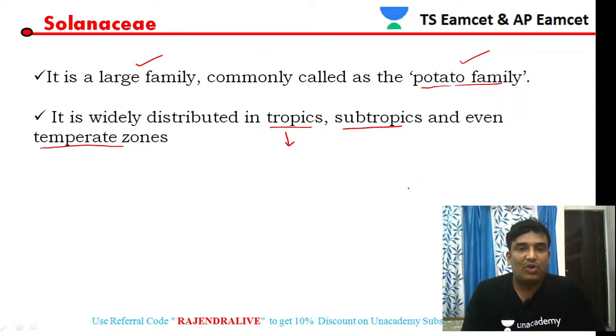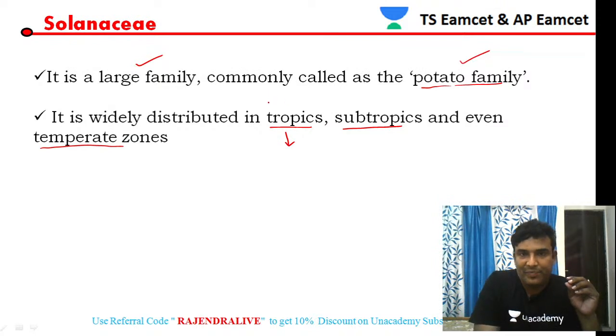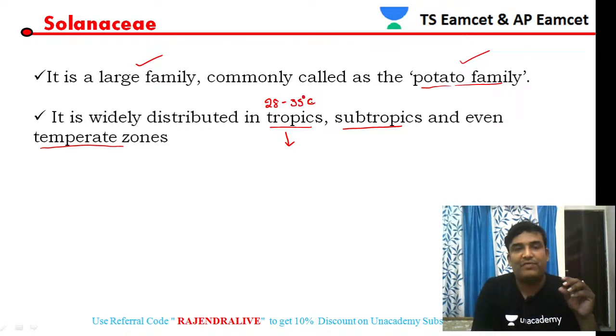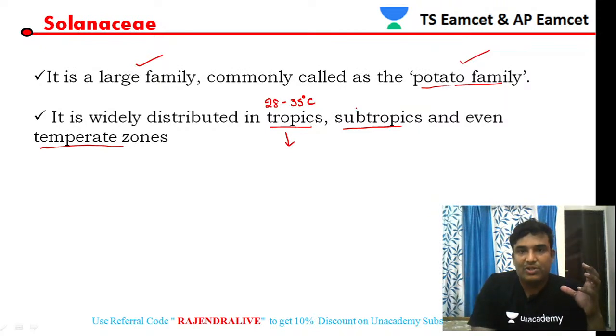In the tropical zone you have high temperatures. Generally in tropical zones the temperature ranges above 28 degrees centigrade, from 28 to 35 degrees centigrade. Such a zone, where the average temperature ranges between 28 and 35, is called a tropical zone.